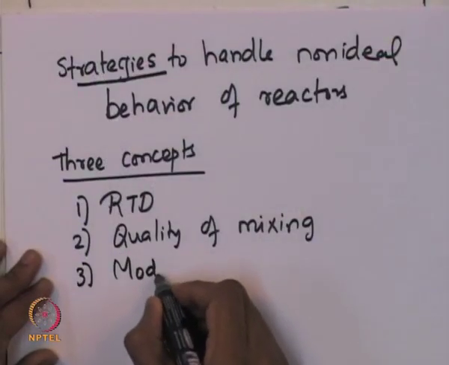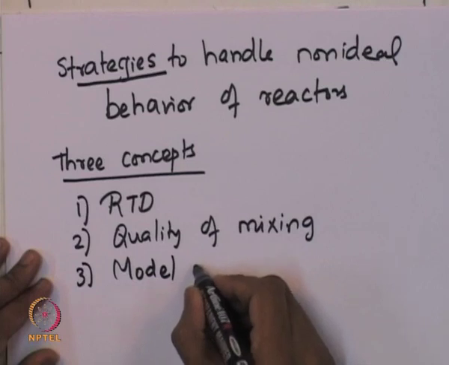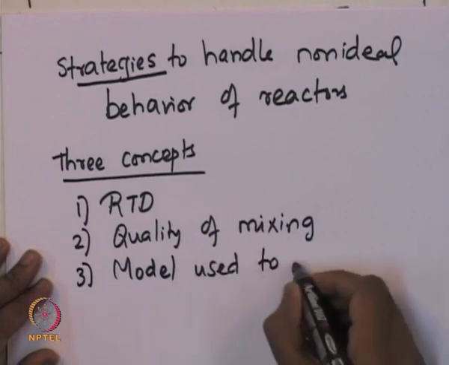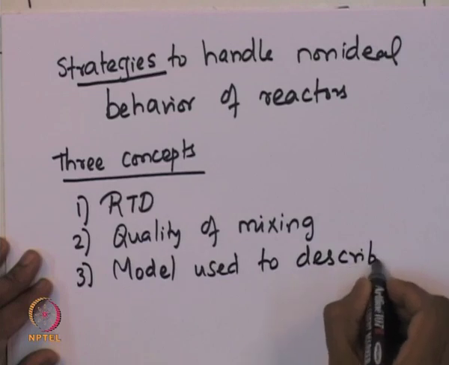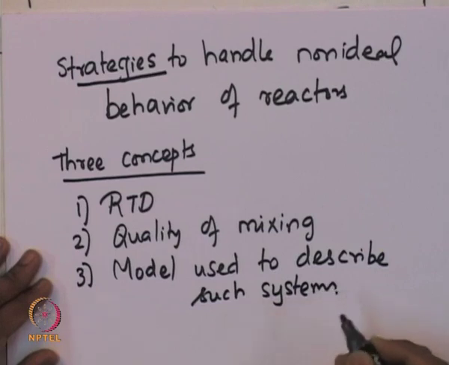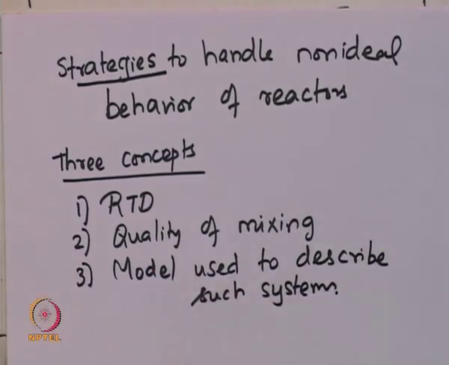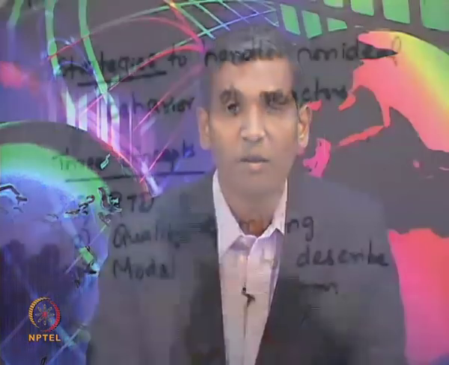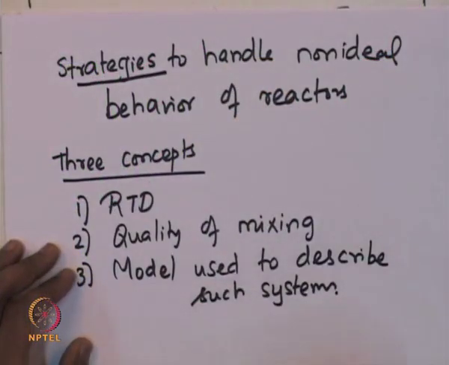And then the third aspect is basically the models used to describe such systems. So, one needs to come up with ways by which one can model such non-ideal behavior. We are going to see the various ways by which we can characterize the non-ideal behavior using these three concepts, and several examples will be shown to explain each of these concepts.